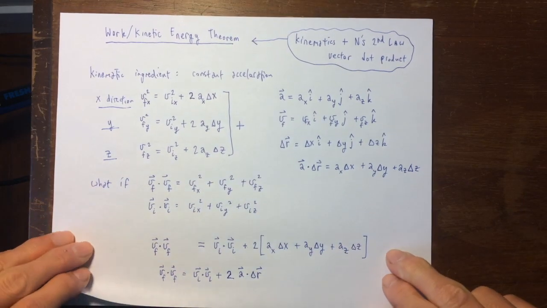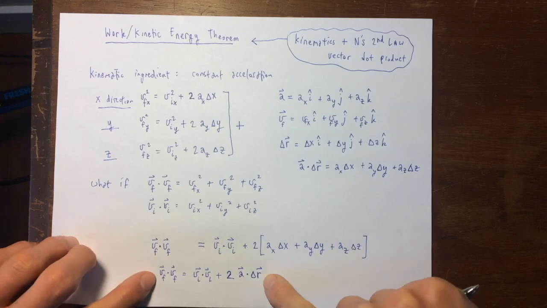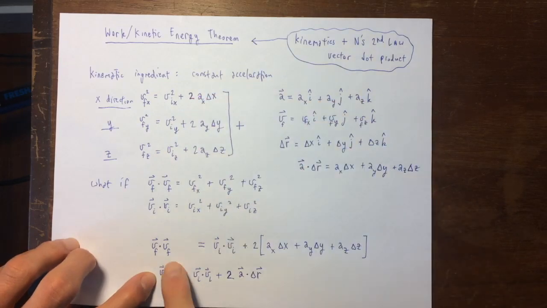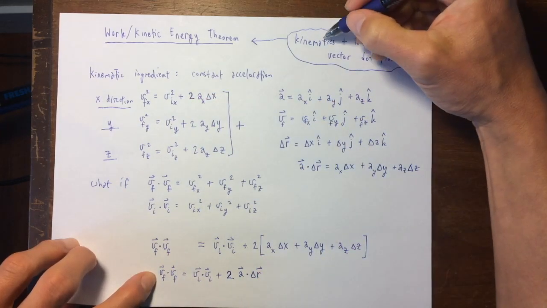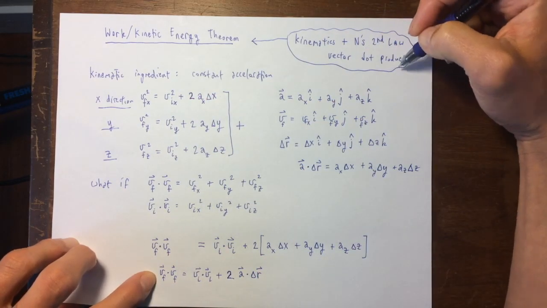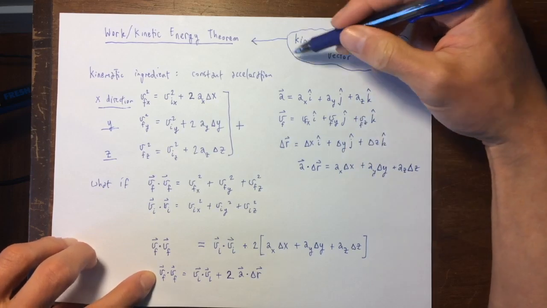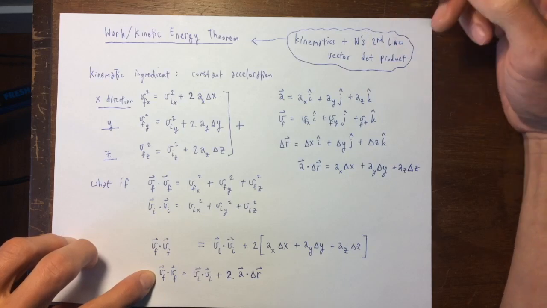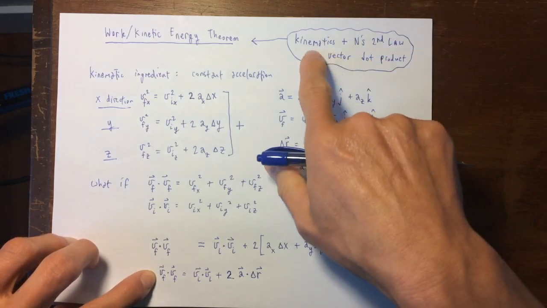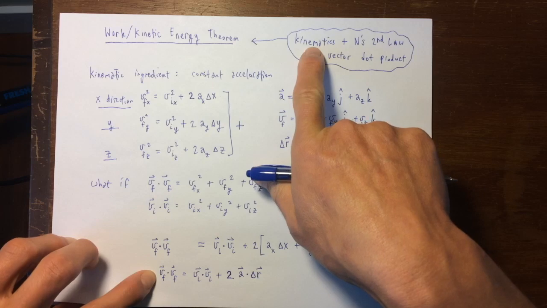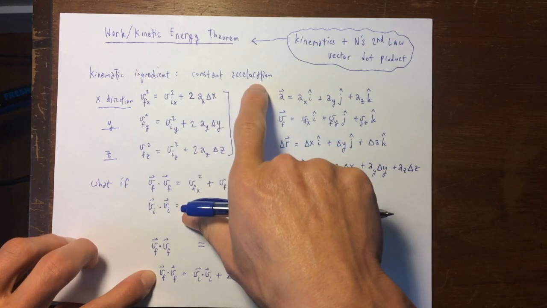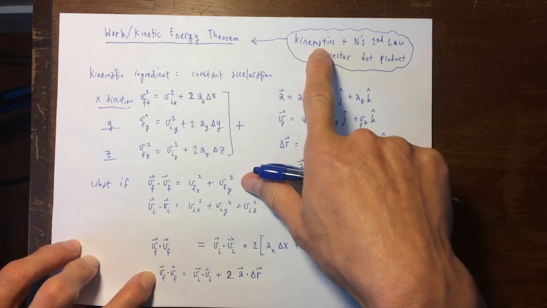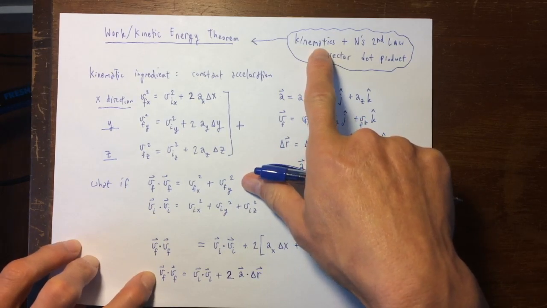Okay, so let me rewrite what I've written, but know that this comes from kinematics. So far, this is all kinematics and the dot product, nothing else. But I told you earlier that I'm going to use Newton's second law. I'm going to sprinkle in some physics. This is, quite honestly, sort of modeling with mathematics, where acceleration, velocity, and displacement are related in a particular mathematical way, with derivatives and integrals.